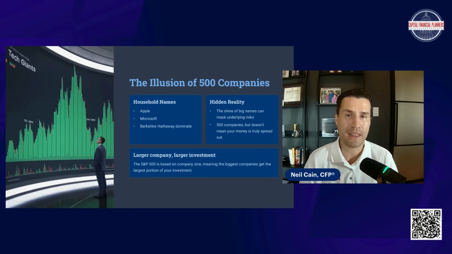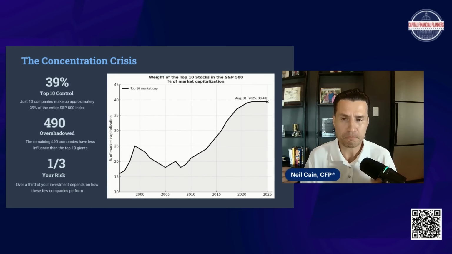The reason for that is the larger the company trades at in terms of valuation, which means the price per share actually creates a larger valuation, the more weight that company gets in the index that is being represented by the S&P 500 C Fund.